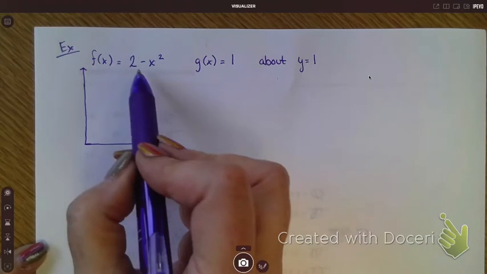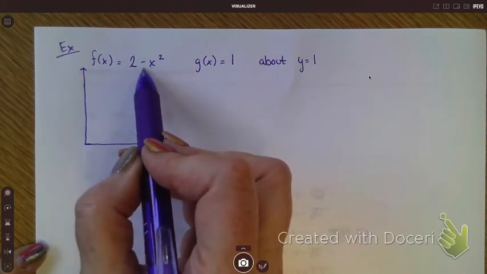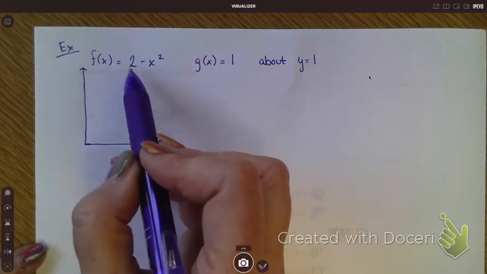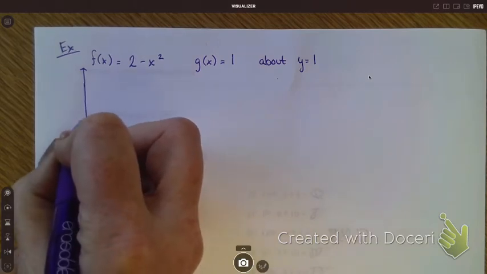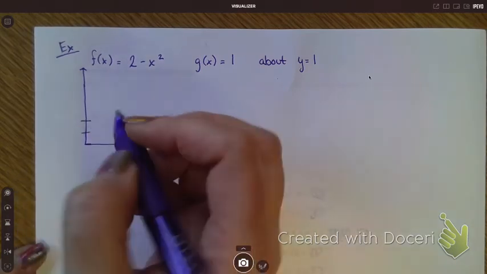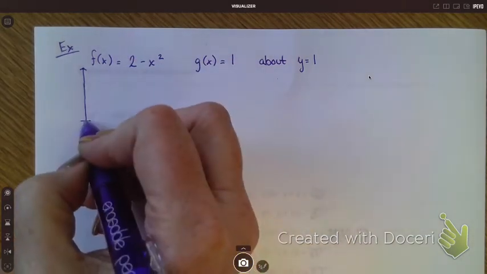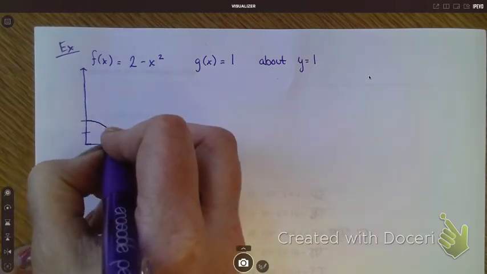So this shape here, you should know that's a parabola that opens down, and the vertex has been moved up too. Correct? Okay, so 1, 2. So the vertex has been moved up here to 2. So it looks like this.